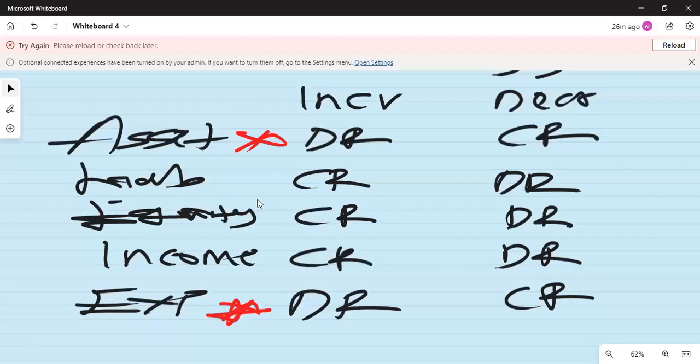You know that discount allowed is an expense, and it was overcast. That means the expense was overcast, then you need to reduce it. If you want to reduce an expense account, what will you do? It's credit.